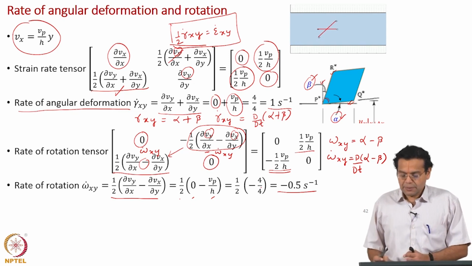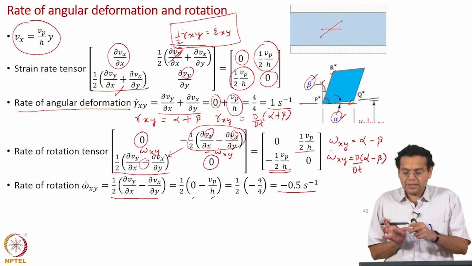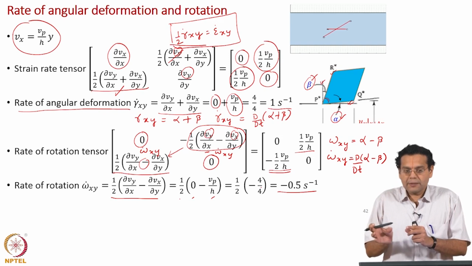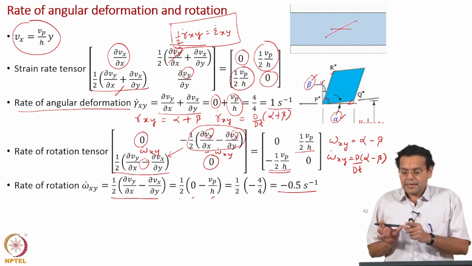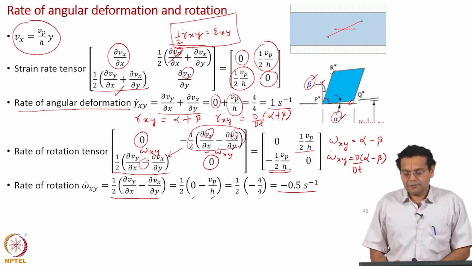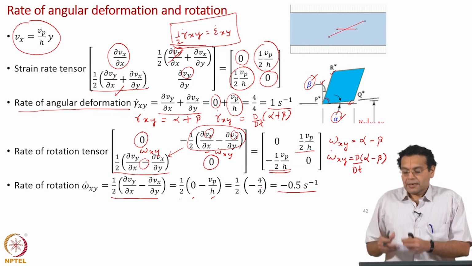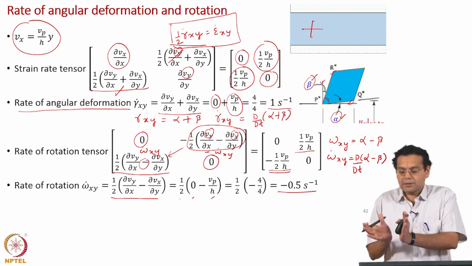Okay. Remember, in both cases, at every instant we are taking two perpendicular lines. At let us say t equal to 0 to t equal to 0.1, you take two perpendicular lines and they approach each other as given by the rate of angular deformation. Similarly, at the next instant you cannot start with those lines which have come together.